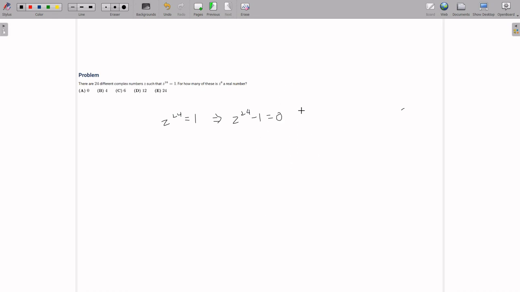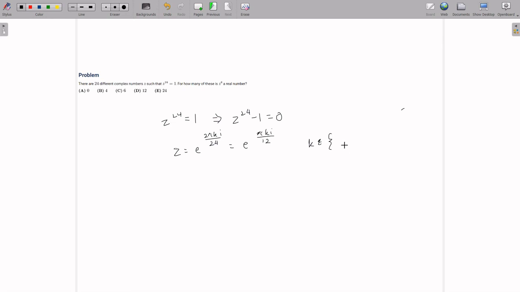So, like I said, the solutions would end up becoming something like z equals, well, r is 1 in this case, so it would just be e to the 2 pi k i over 24, because n is 24. So we can just simplify this a bit to make it e to the pi k i over 12. And we just have to test, like I said, a few values of k.